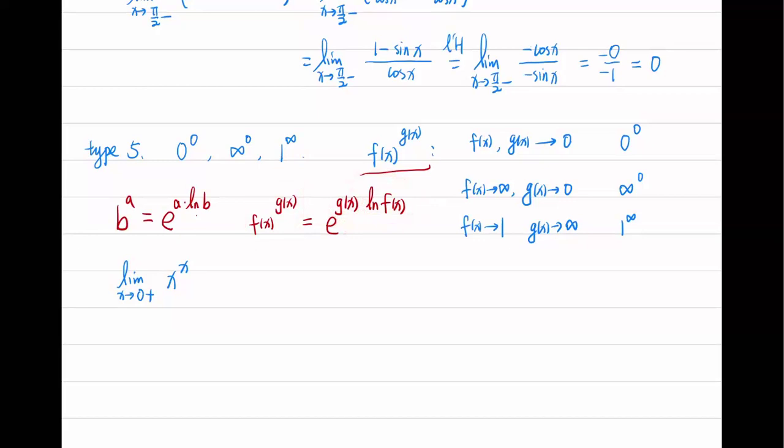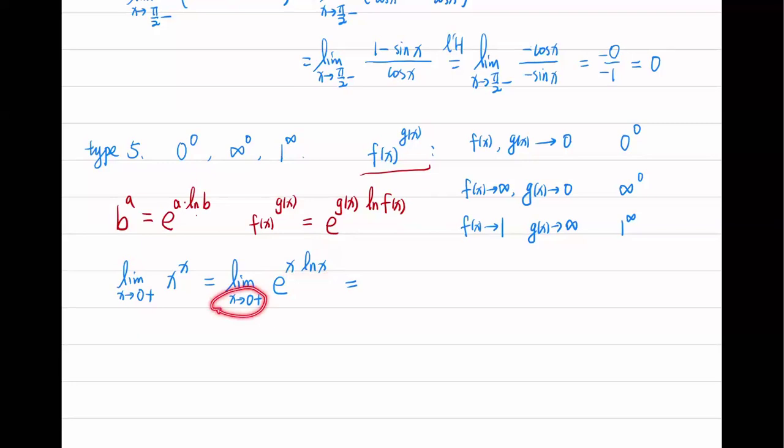And Sakina, let's convert this to the change of basis formula. What do you get? All right, because we want to find the limit of the exponent when x goes to 0.